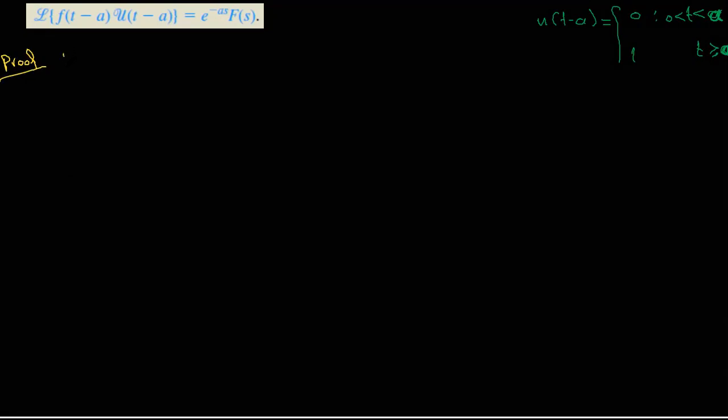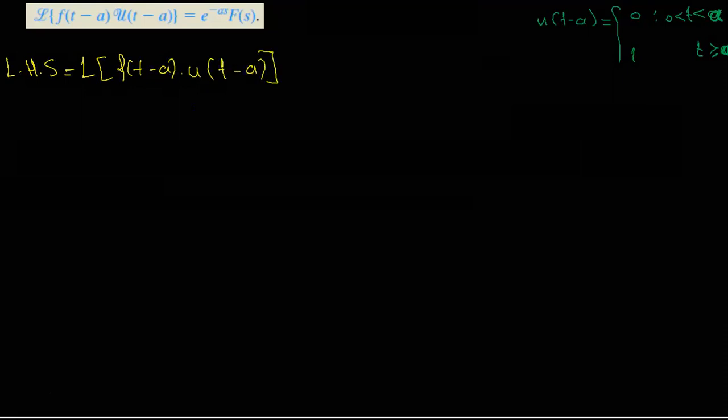I'm going to find the left hand side, which is the Laplace of this function, f of t minus a times u of t minus a. How to find the Laplace of this product?